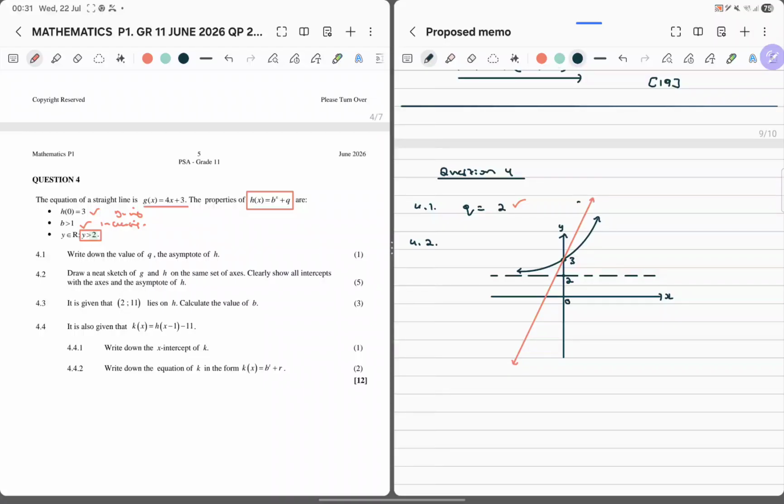So this would be G, this is H, and we've got this here, and then this one is minus 3/4 over there. Graph is complete. We have no issues.